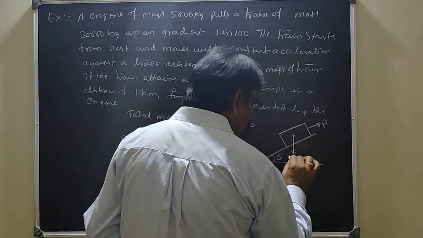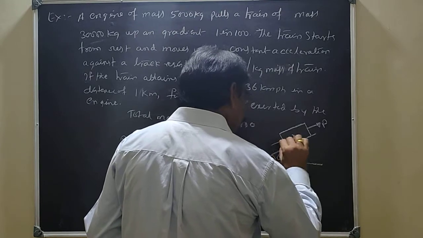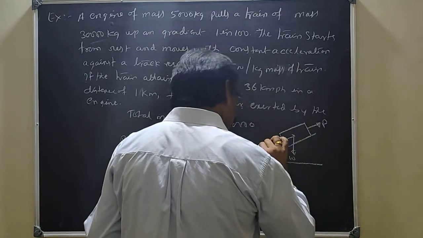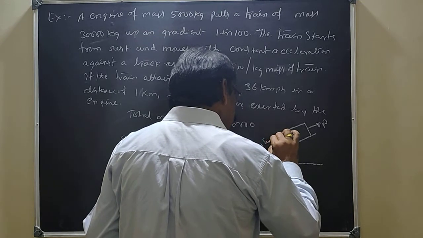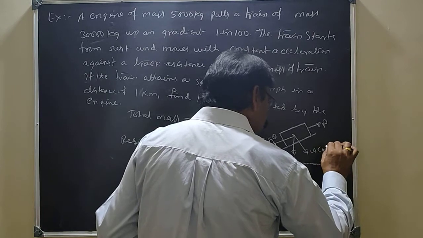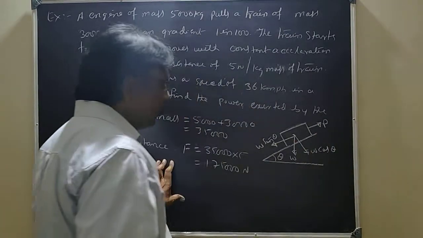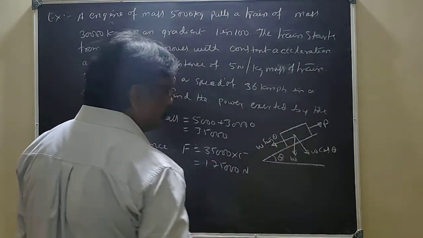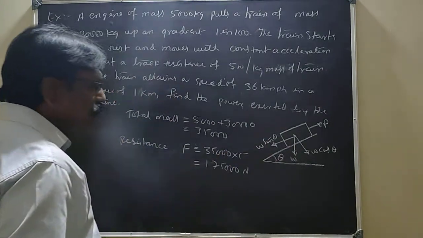So this is the W, and then you will find W sin theta, and this will be the W cos theta.